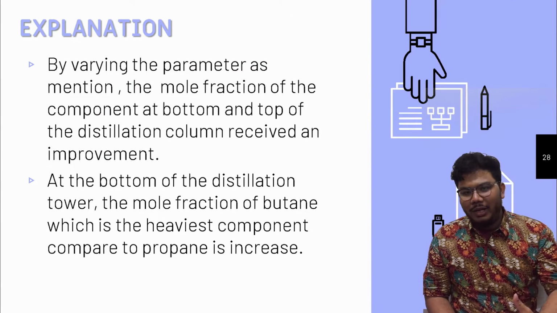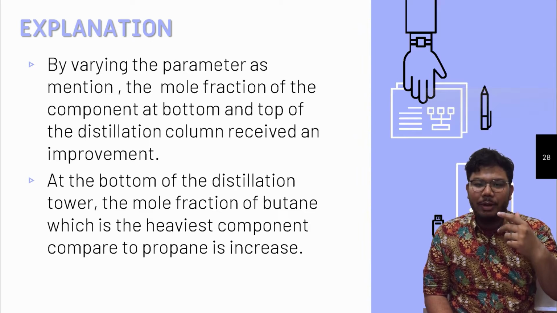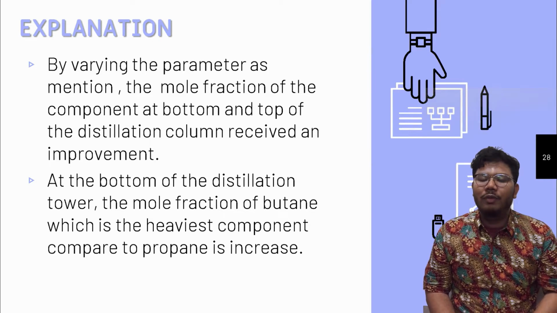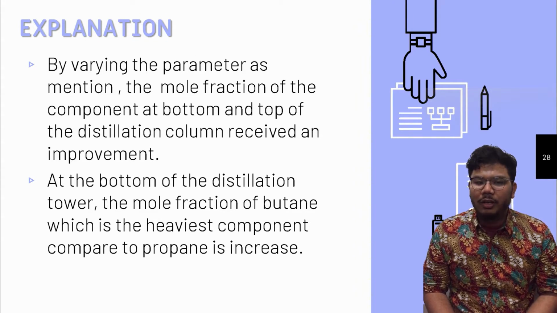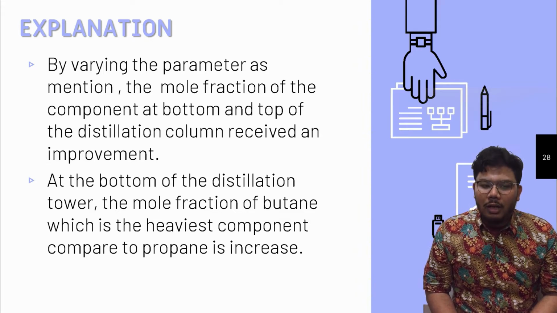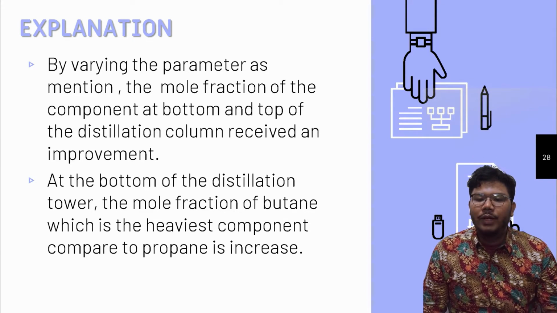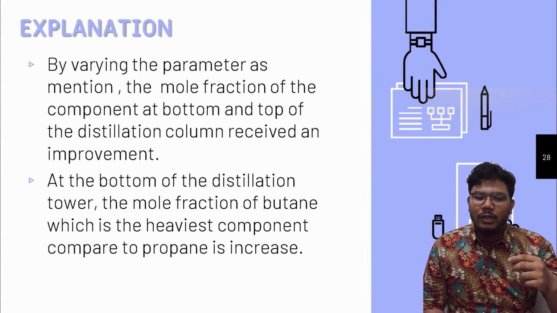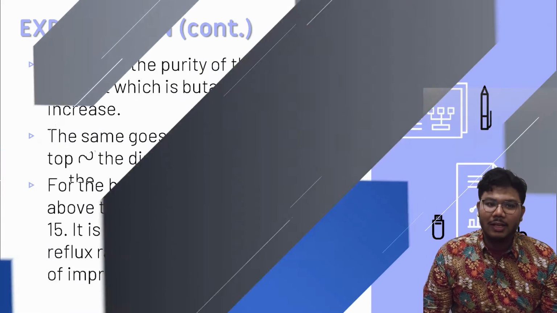So let me explain. By varying the parameters as mentioned, the mole fraction of the components at the bottom and the top of the distillation column received an improvement. At the bottom of the distillation tower, the mole fraction of butane, which is the heaviest component compared to propane, is increased.